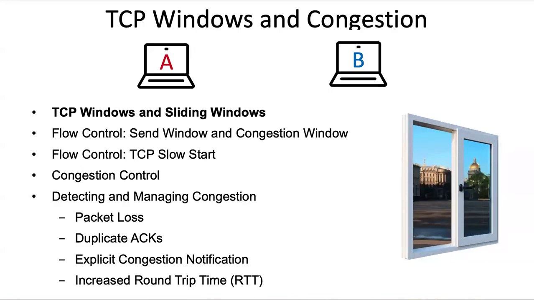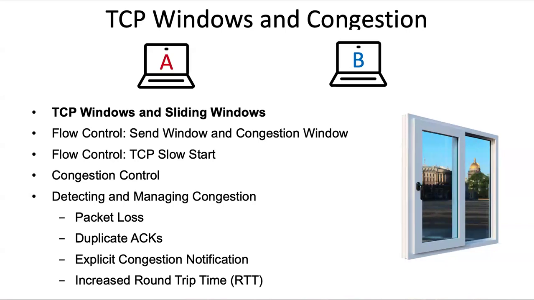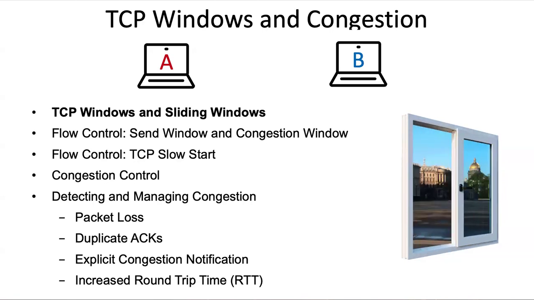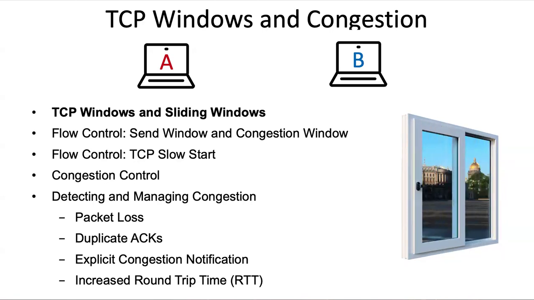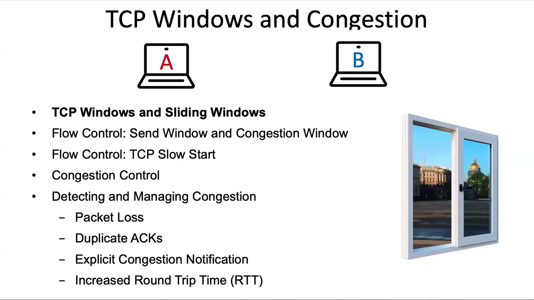Welcome. So in this set of video presentations, we're going to explore the mechanisms that make TCP, Transmission Control Protocol, a robust and reliable protocol for managing data transmission across networks. So we're going to explore different things.